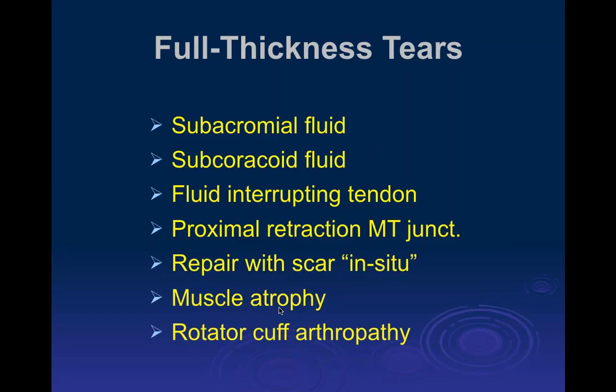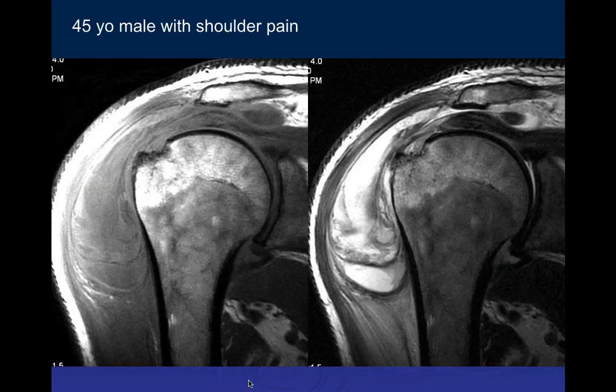Then also with full thickness tears that are chronic, you get muscle atrophy. And muscle atrophy tends to be irreversible. A lot of muscle atrophy is sometimes considered a contraindication to surgery, but we'll talk about that in a little bit. And then you can look for rotator cuff arthropathy. So these are the kinds of things we look for.